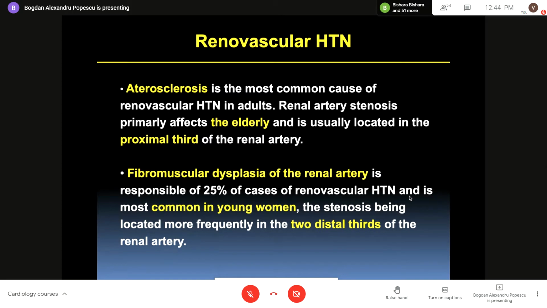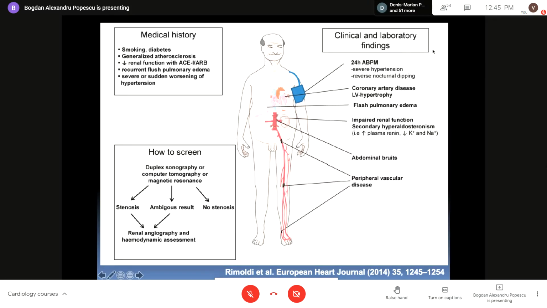And this is most common in young women. And in these cases, the stenosis is located more frequently in the distal thirds of the renal artery. So you look at the age of the patient, you look at the localization of the stenosis, and you may have a hint towards the cause of stenosis in your patient.